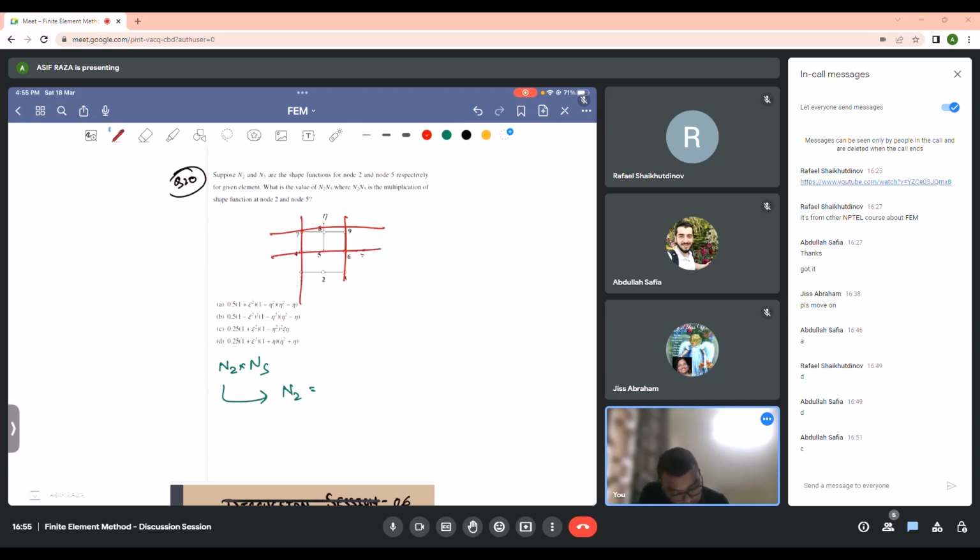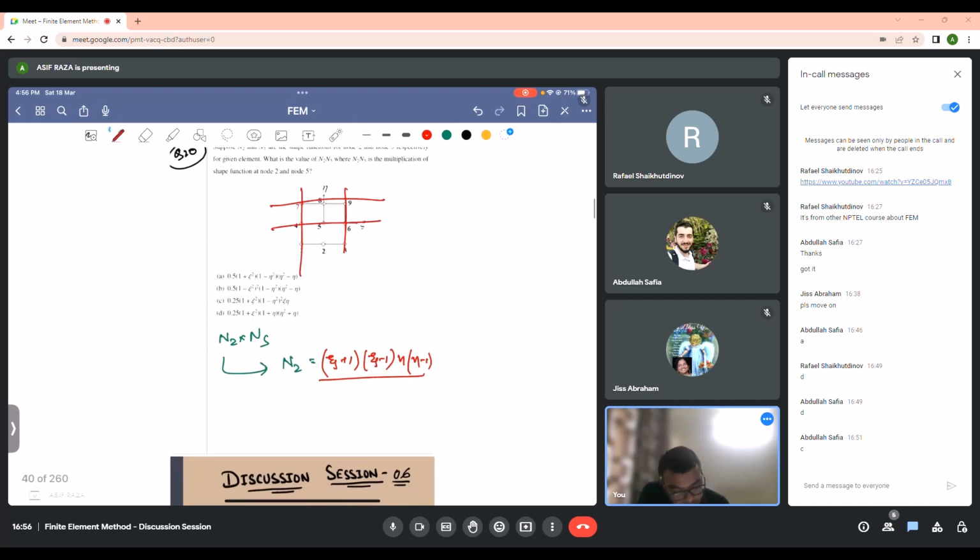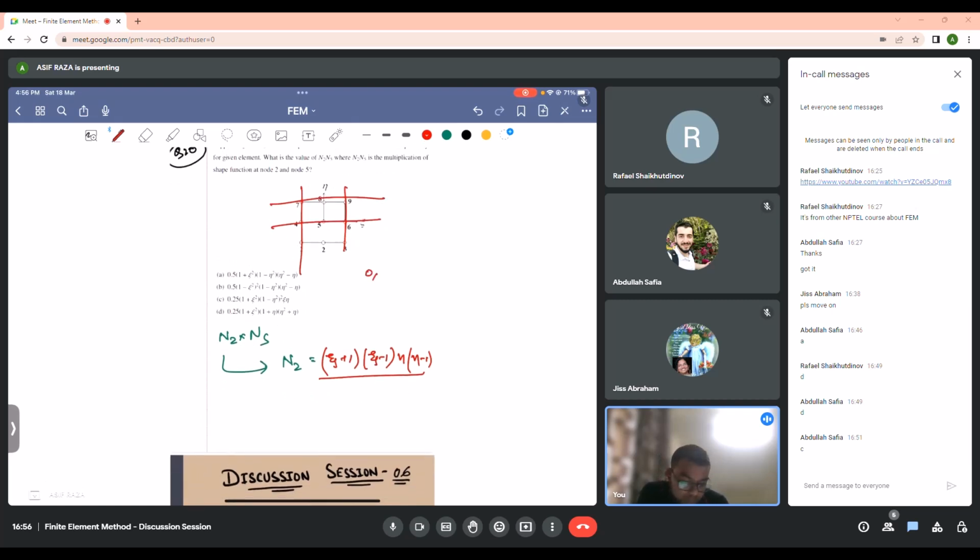So n2 would have (xi plus 1), (xi minus 1), eta, and (eta minus 1), divided by the value at node 2, which has a coordinate value of 0 comma minus 1.